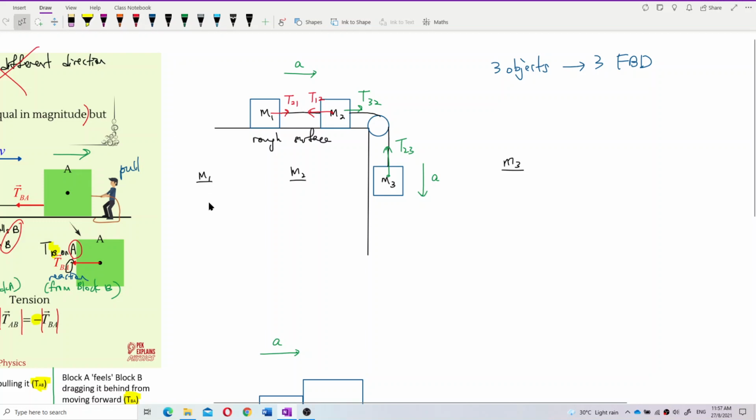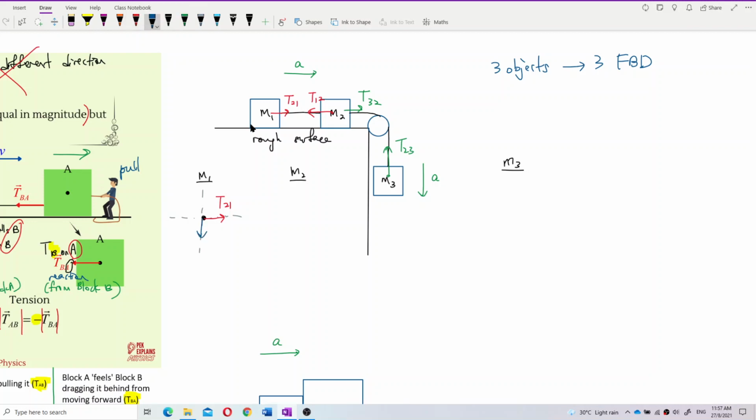Now let's draw the free body diagram for mass 1. Remember, only a point mass. We draw the x and y axes first, dotted. So mass 1 has what forces? Yes, a rough surface. This is T21, and then we have the weight.